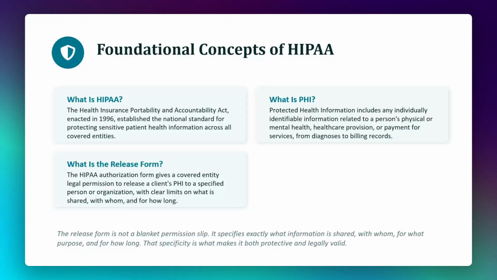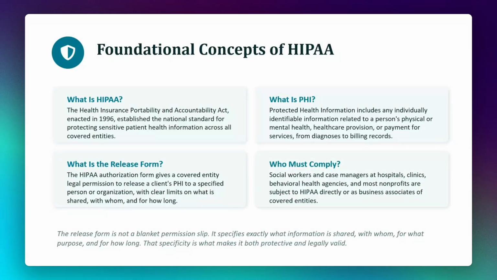Every valid authorization specifies exactly what information is being shared, with whom, for what purposes, and for how long. So who must comply with HIPAA? Well, if you're working in social work, case management, behavioral health, medical social services, or most nonprofit human services settings, HIPAA applies either to you directly or through a business associate agreement with a covered entity.